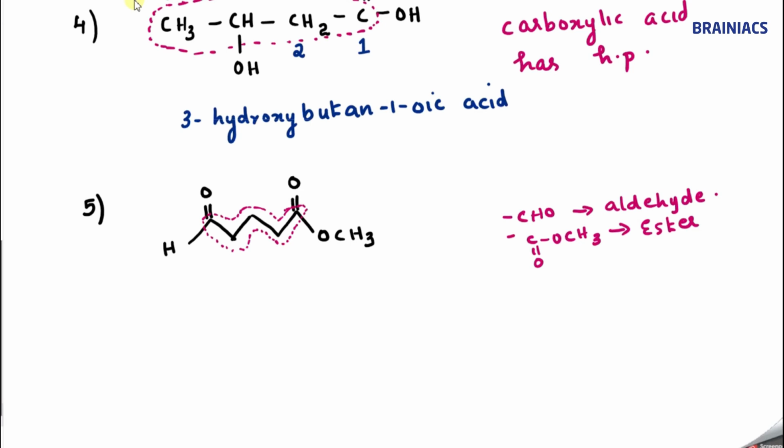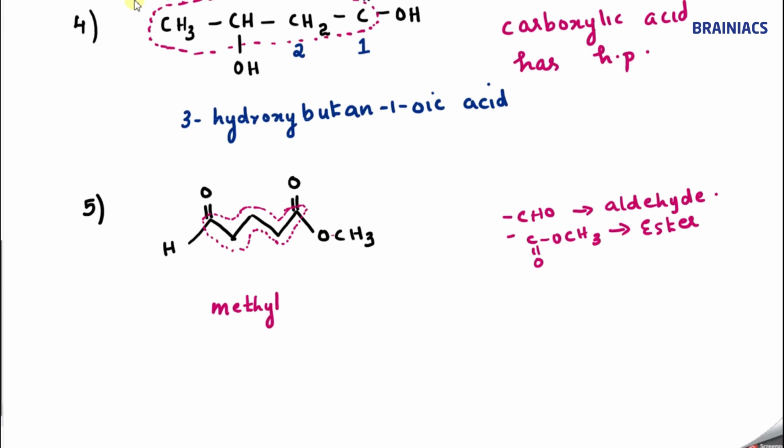Don't get confused, very important point. Now we know how ester is named: alkyl alkanoate. So here we first need to check what is connected to O. Here with oxygen CH3 is connected, so you can directly write methyl, because alkyl alkanoate.